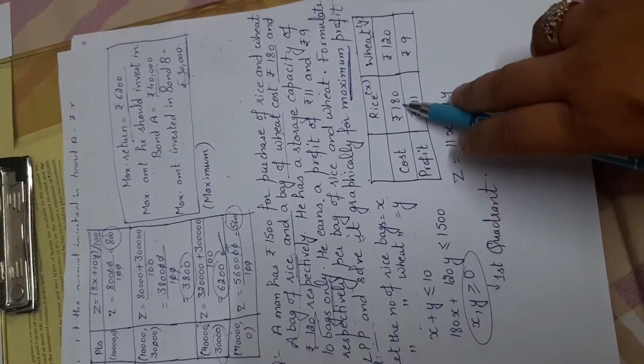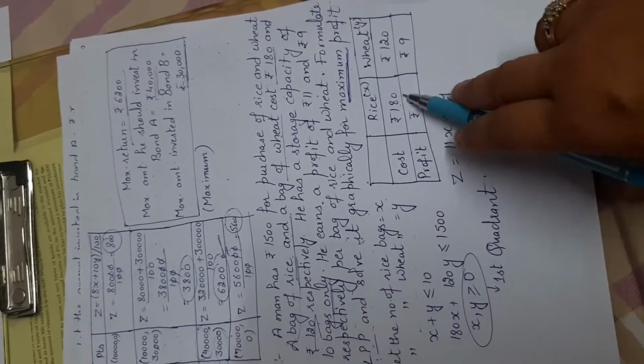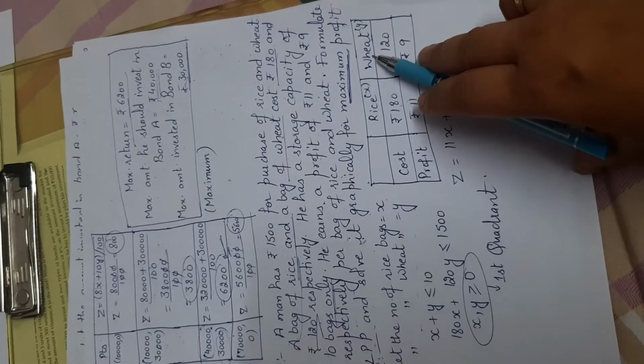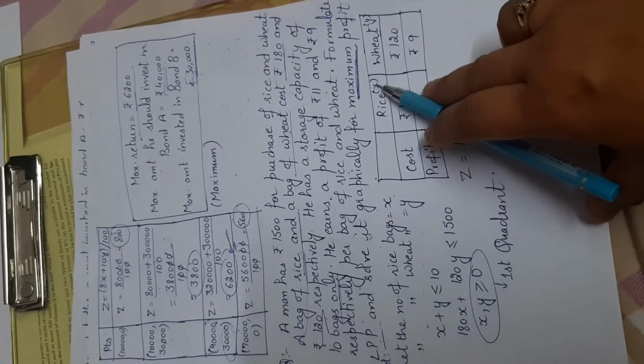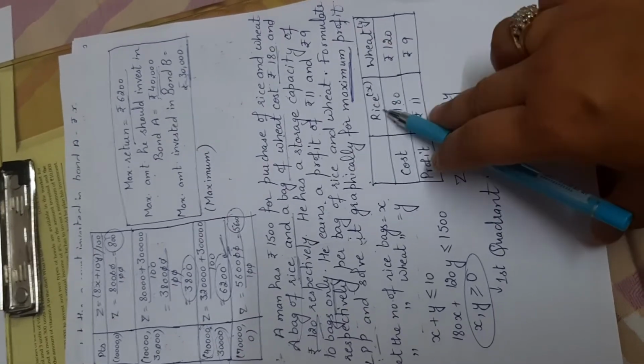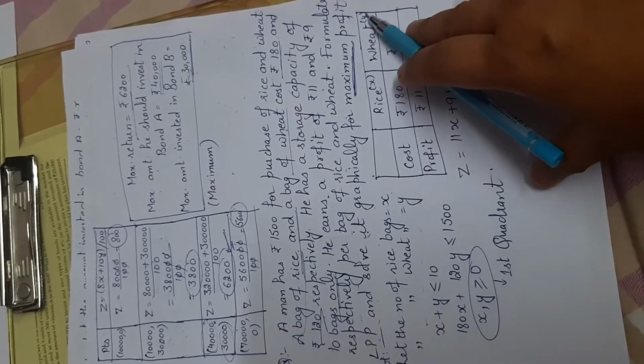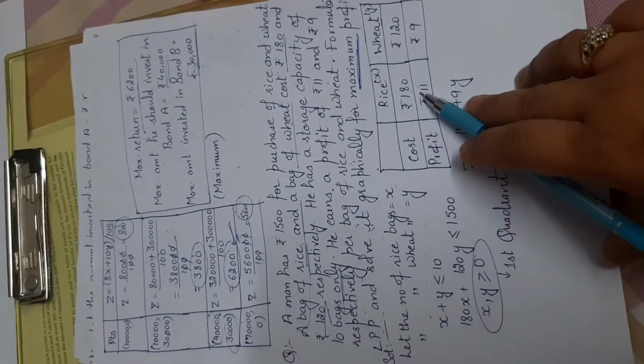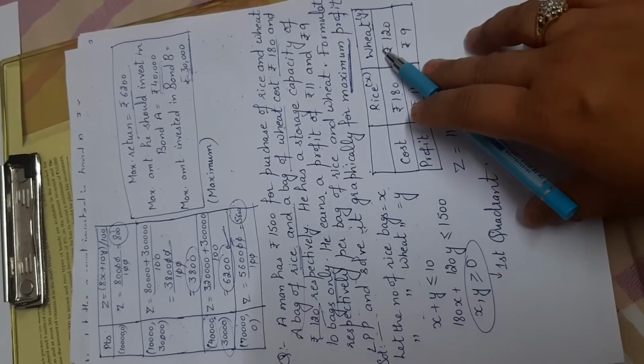Rice bags are X and wheat bags are Y, so the cost is rupees 180 for rice and 120 for wheat.